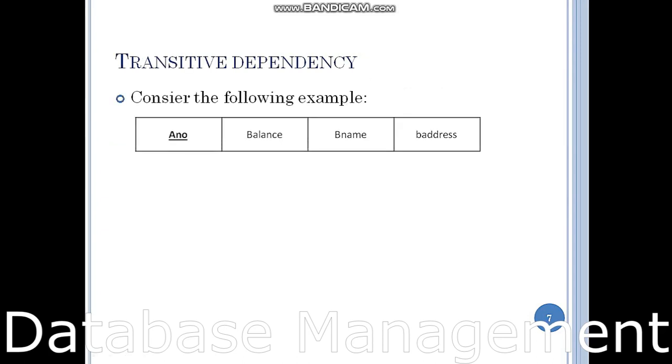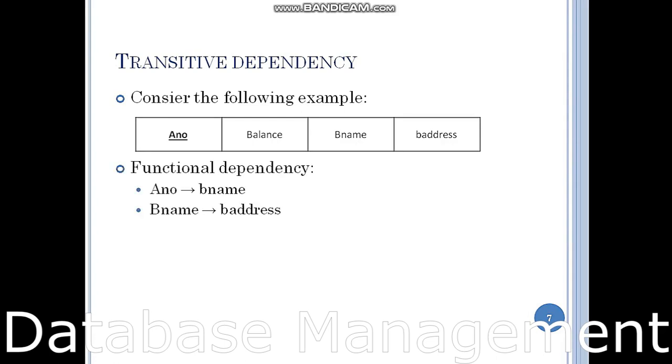Transitive dependency. Consider the following example: a table with 4 attributes, that is account number, balance, branch name and branch address. Account number is my primary key. I am here considering two main functional dependencies, that is branch name is functionally dependent on account number, and branch address is functionally dependent on branch name.